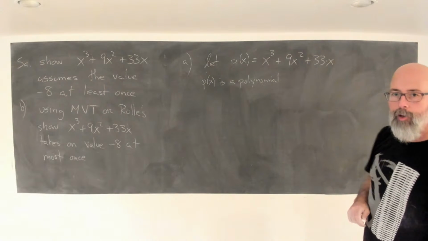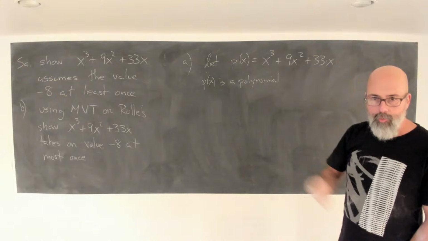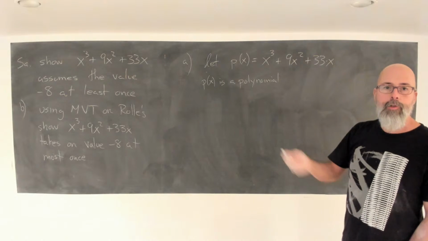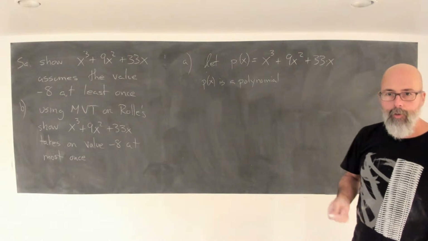P of x is a polynomial, so you know it's well behaved. It's continuous everywhere, differentiable everywhere.